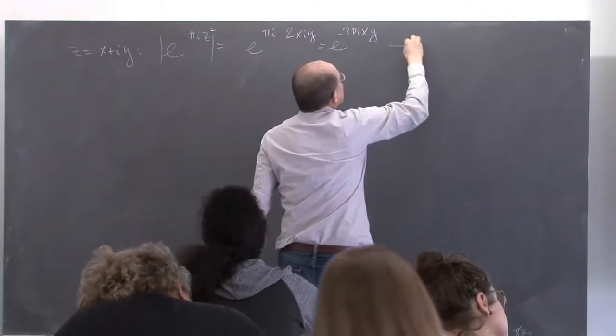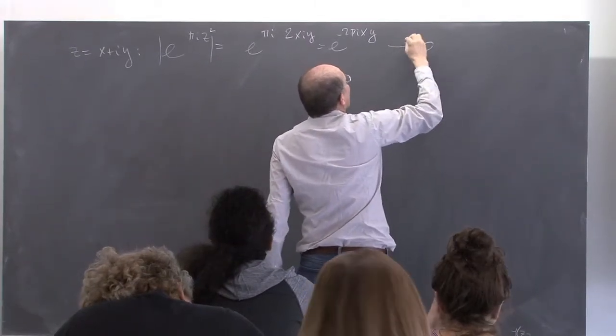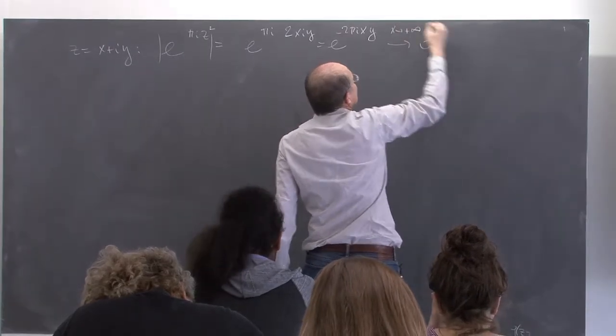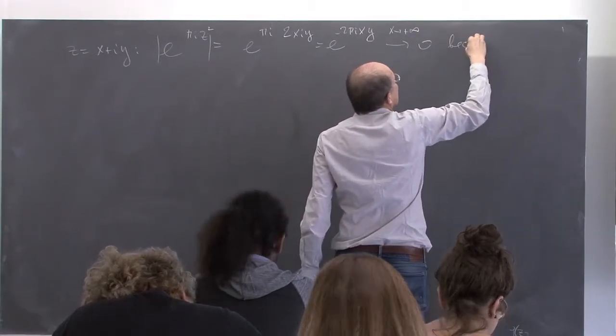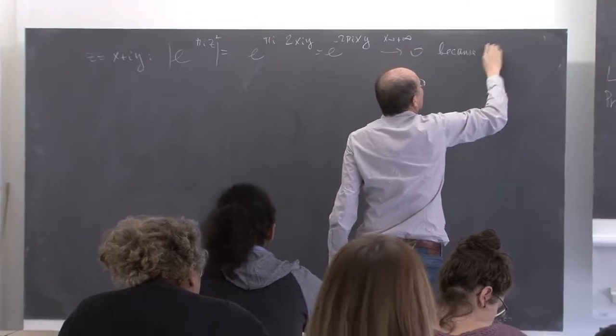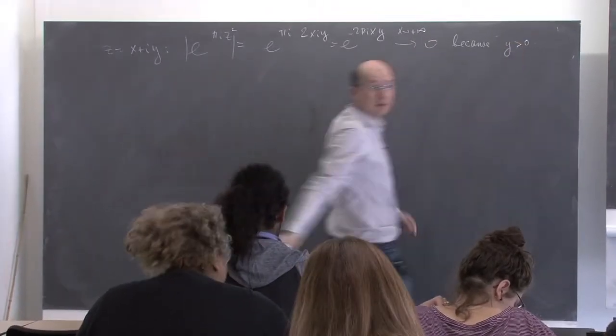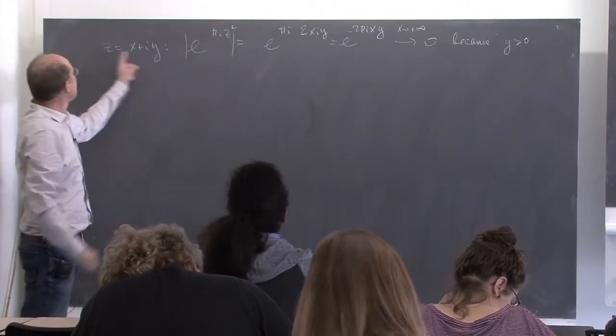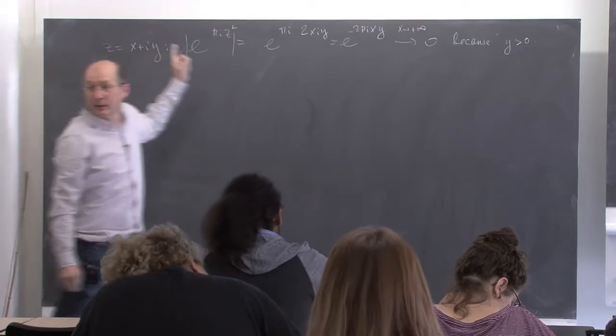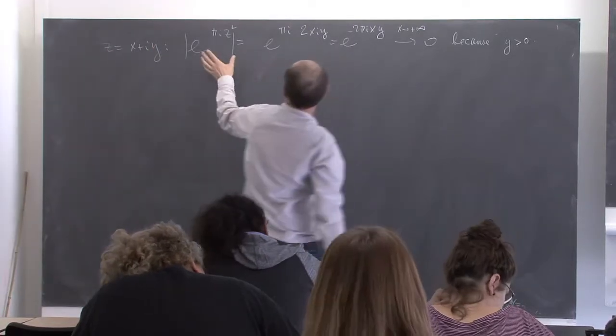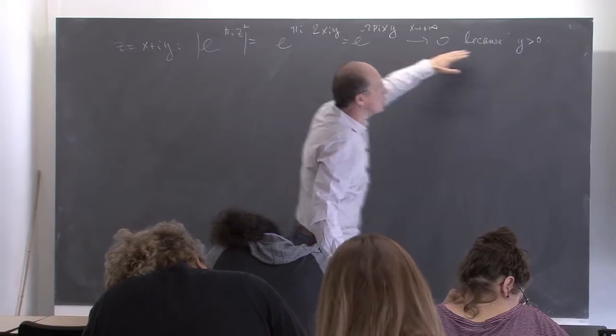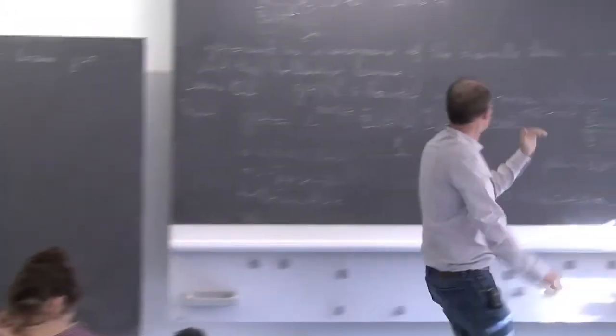And now this goes to 0 when x goes to plus infinity, because y is positive, because y is the imaginary part of z. So this exponential goes to 0 when x goes to plus infinity.